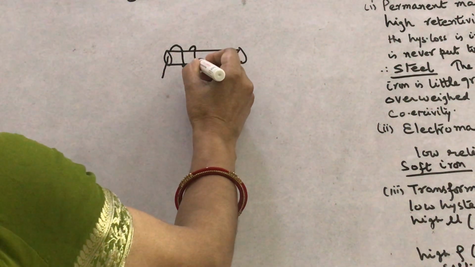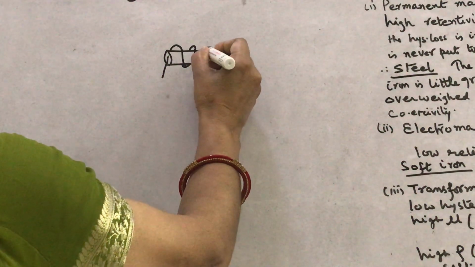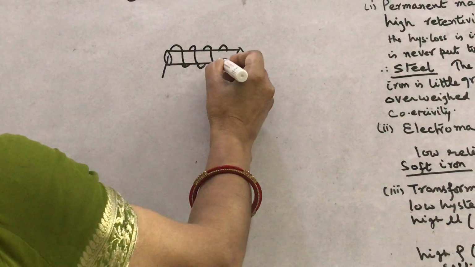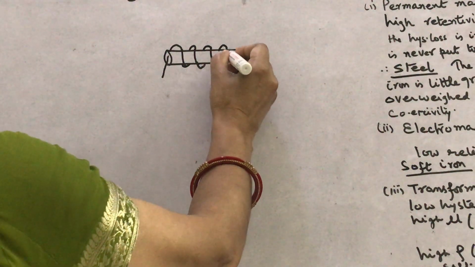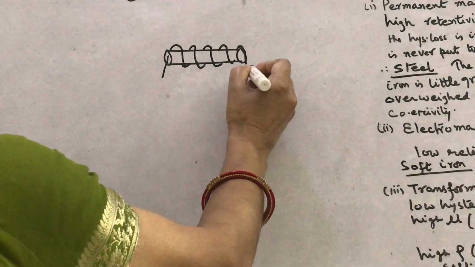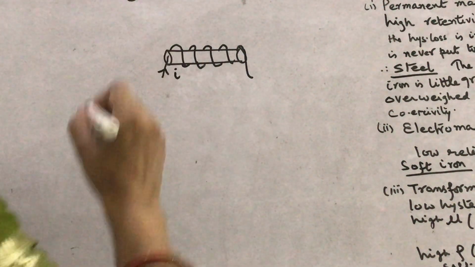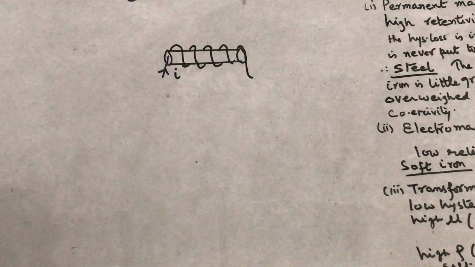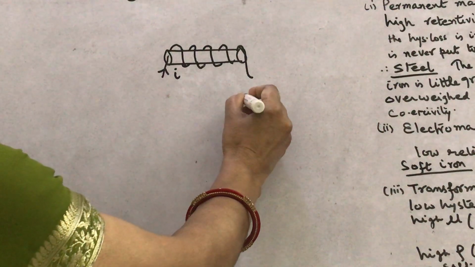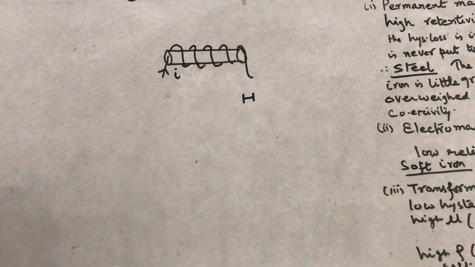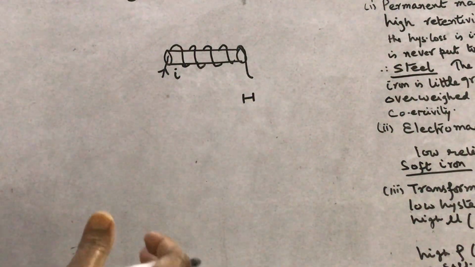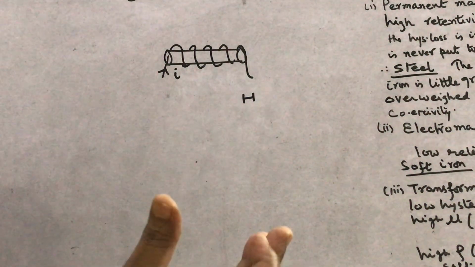Suppose the current flows through the solenoid. We have read that a current carrying solenoid is an example of a magnetic field. So, if the current begins to flow through the solenoid, then magnetizing field intensity, suppose that is H, will be produced, and if the rod is placed inside, the rod will become magnetized.